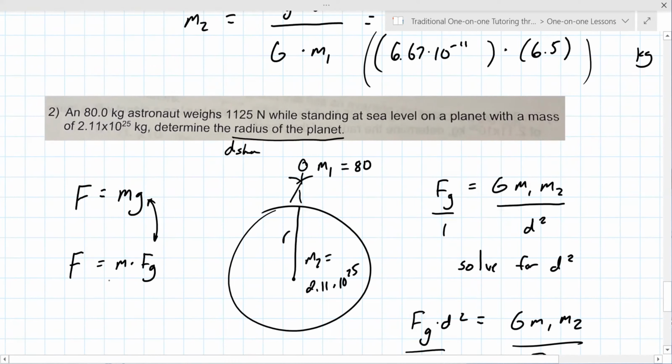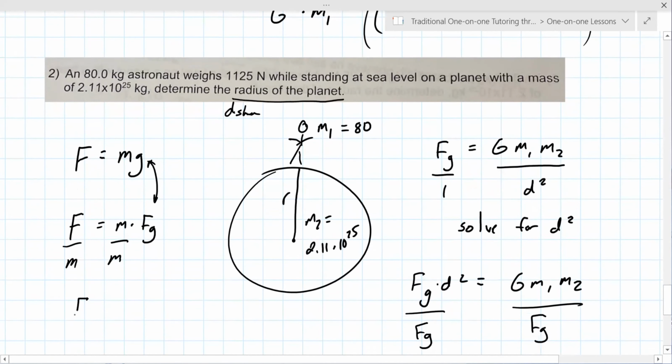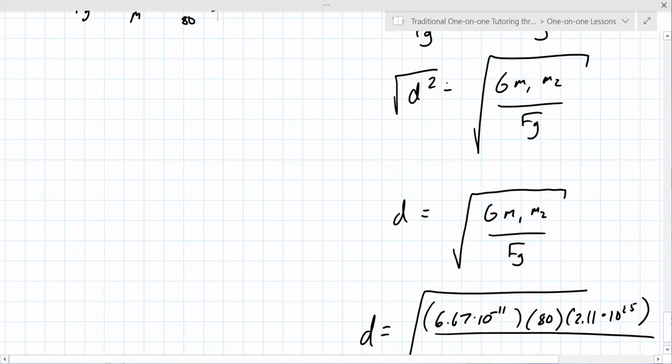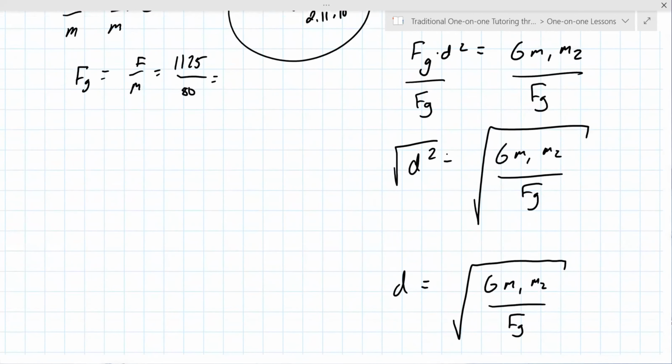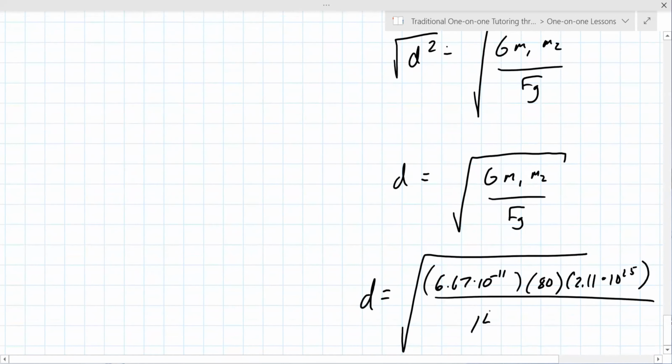So FG, if you divide both sides by m, FG equals F over m. The force is given here as 1,125 newtons. You know that forces come in newtons, and the mass is 80. So we need this number, and that goes in the denominator of this equation down here. I think we already did that. Yeah, so it's like 14.06. 14.06 down there, and you get a value out.